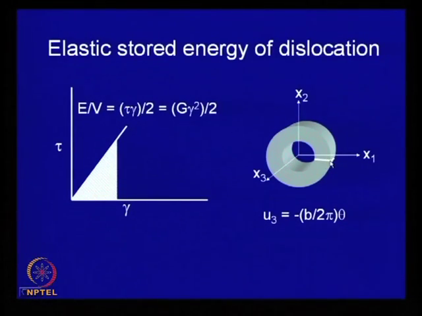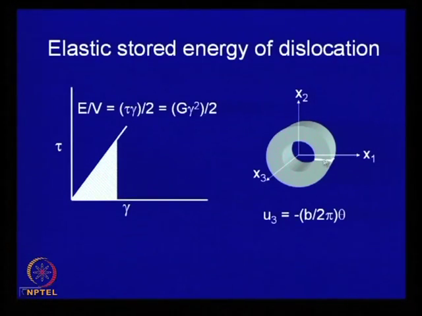What happens? A step will form here if we are trying to generate an edge dislocation, and a step will form on this face if we are trying to generate a screw dislocation. If we weld the two faces together, this part will not be allowed to come back to its original position.